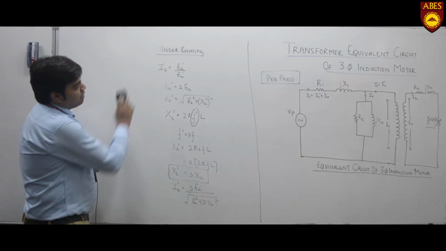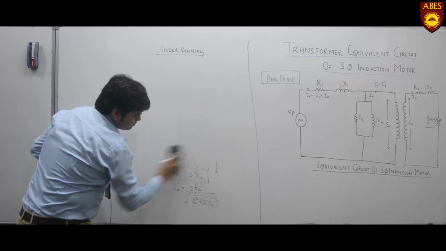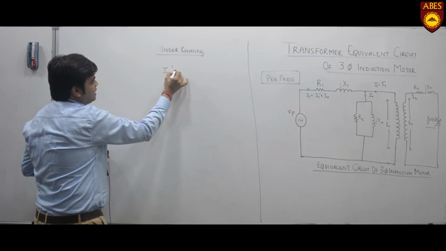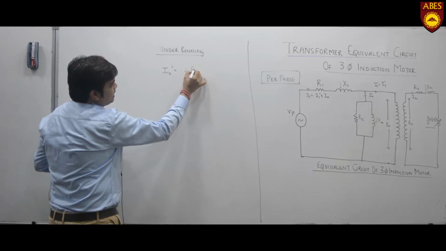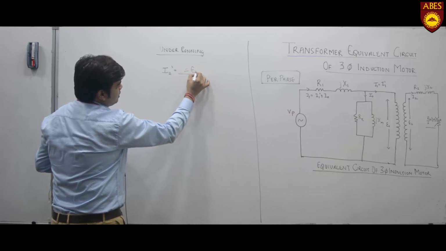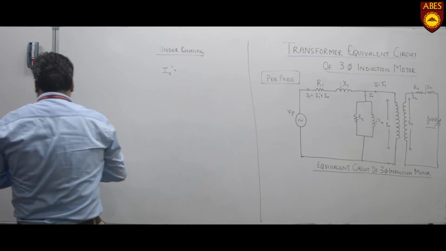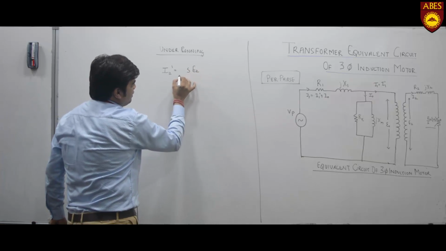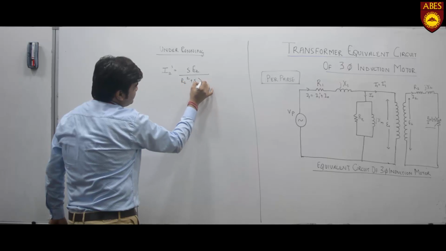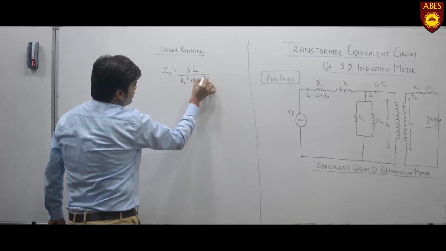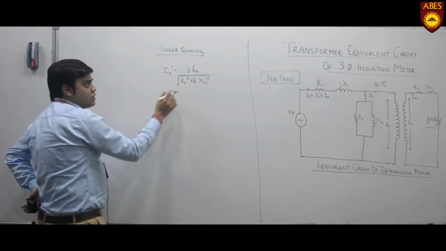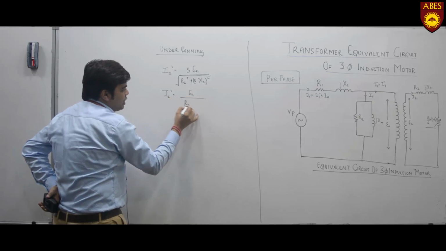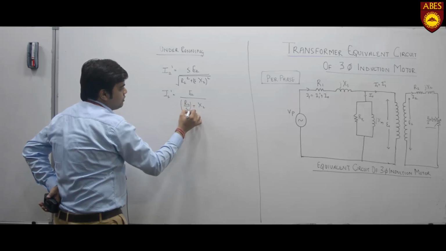Finally, I have this equation: I2 dash is equal to S into E2 divided by the square root of R2 square plus (S into X2) whole square. Now if I take S common, I2 dash is equal to E2 upon the square root of (R2 by S) square plus X2 square.